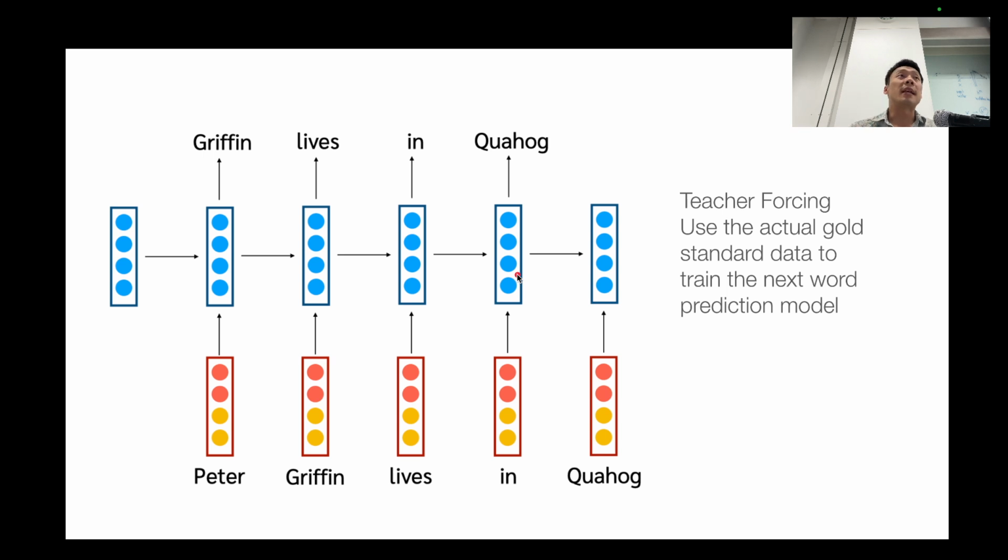But during training, we do this thing called teacher forcing. That means you don't make the model generate anything during training because you use the actual words that occur in the training set. Okay, so it doesn't generate at all.